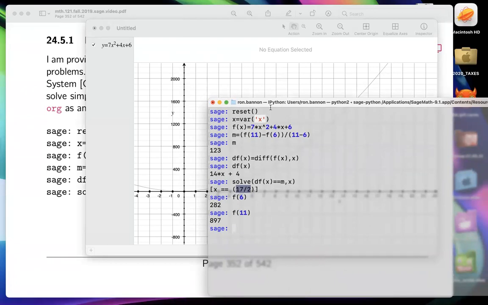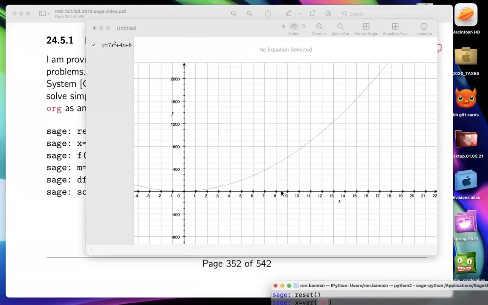That would be 8.5, right? So what I'm saying, at 8.5, there's a tangent line here that would have an identical slope to the secant line that went through 6 and 11 along that curve. All right, same exact thing. And that's all we did over here.